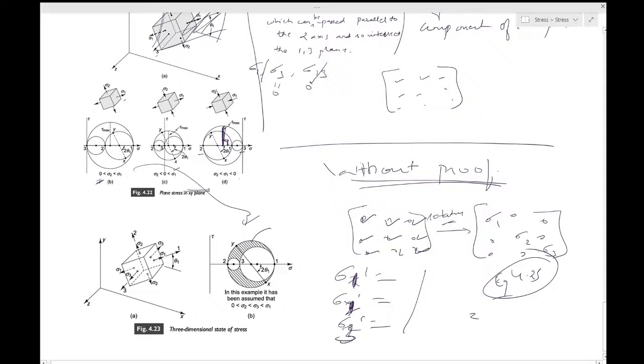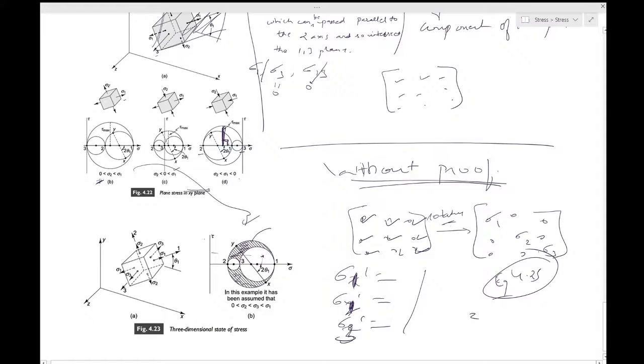It can be shown, not in this course, that all possible values of the stress components must lie in this shaded area. So it will not lie, say, over here, and you will never have this particular point as a possibility. What is this point? A particular normal stress and a particular shear stress on that plane.